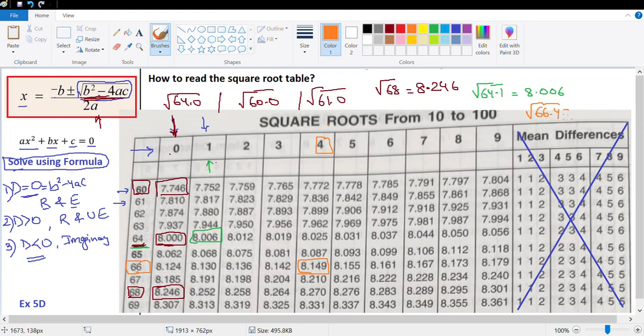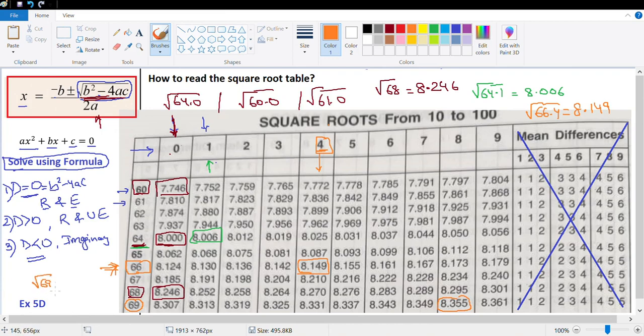66.4 would be, you look at 66 in the row, and then you go to the fourth column, which has 4 in it. The answer is 8.149. Similarly, 8.355 is the value for 69.9.